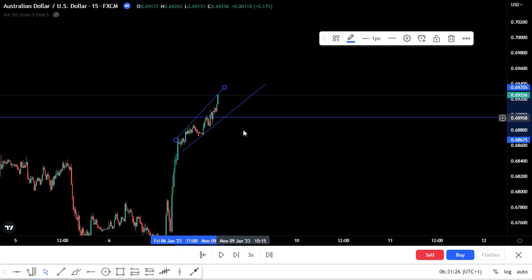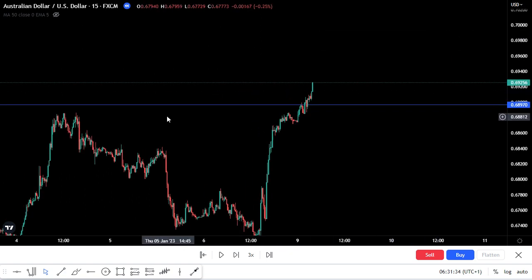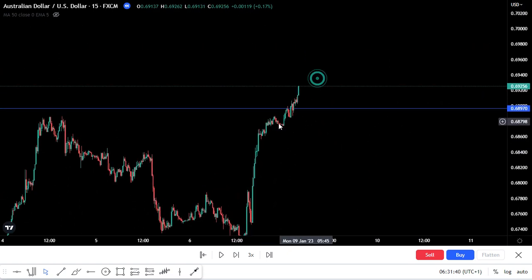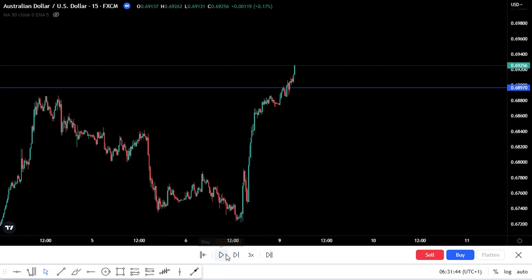Well, you don't just enter the trade. You want to see a breakout from the correctional move, and not just a breakout. You still need the price to clear the previous low. I don't want to go back to the previous video, guys. So now we can see that the price breaks out of this zone. Let's watch and see what the price does next.